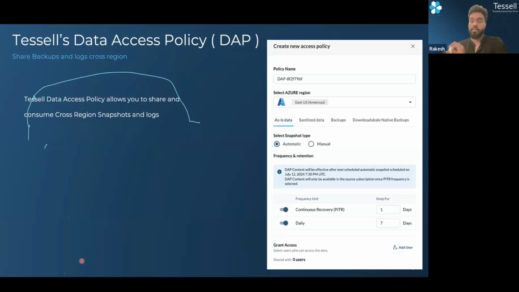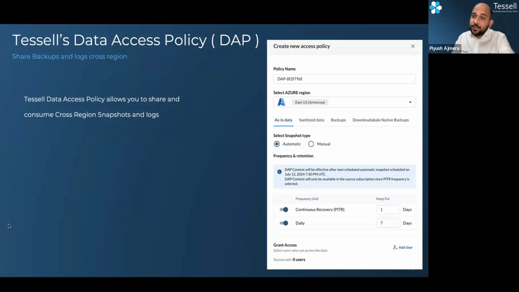Yeah, so this potentially saves me a lot of time, because if you look at how it used to be done in a very manual way, I think it requires a lot of work. But with these capabilities, where we are able to ship the snapshot cross region along with the additional logs with PITR capability, you essentially can set up a warm DR or a passive DR in the region of your choice when we share this particular snapshot with a particular user, right?